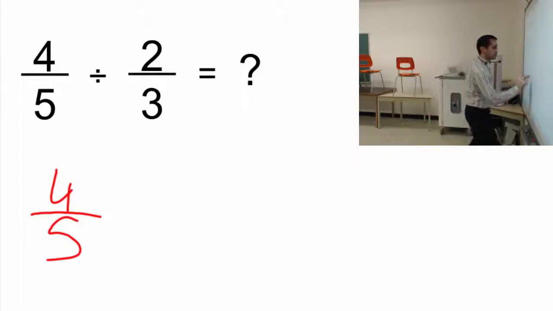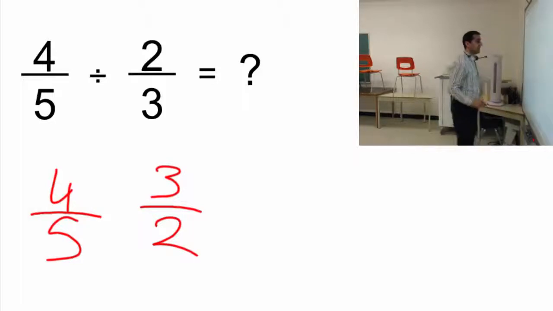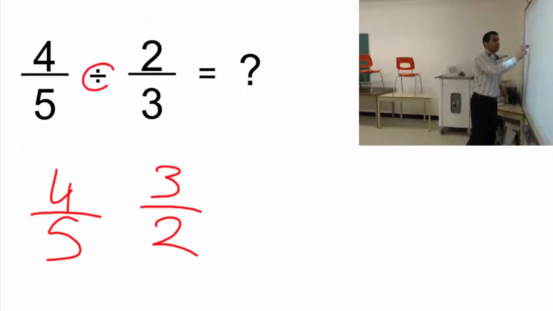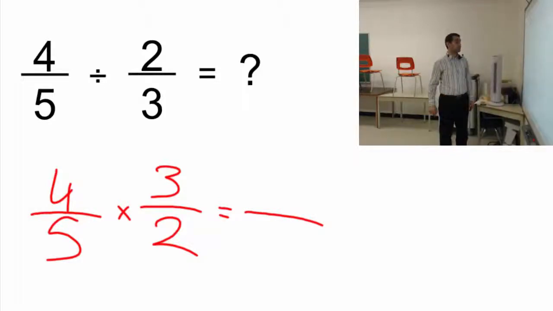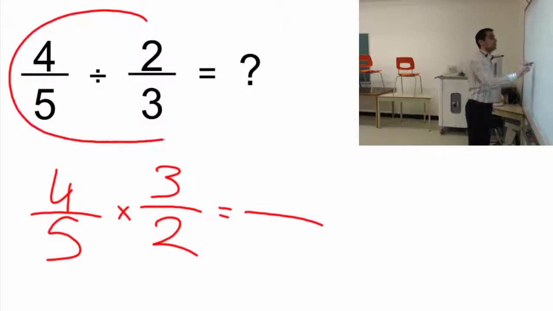Flip it. 3 goes up, divided by 2 goes down. And the division sign will no longer be division. It will turn into multiplication. So that is your brand new question. 4 divided by 5 times 3 divided by 2. What's that? That will be the answer to the original question here.